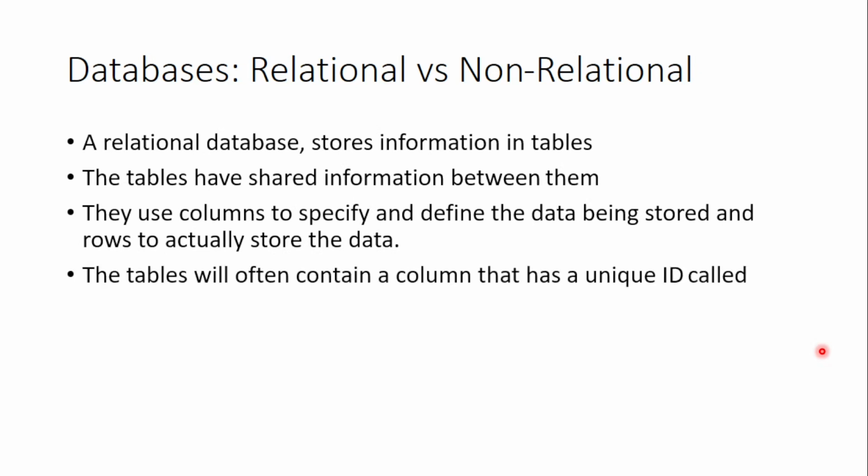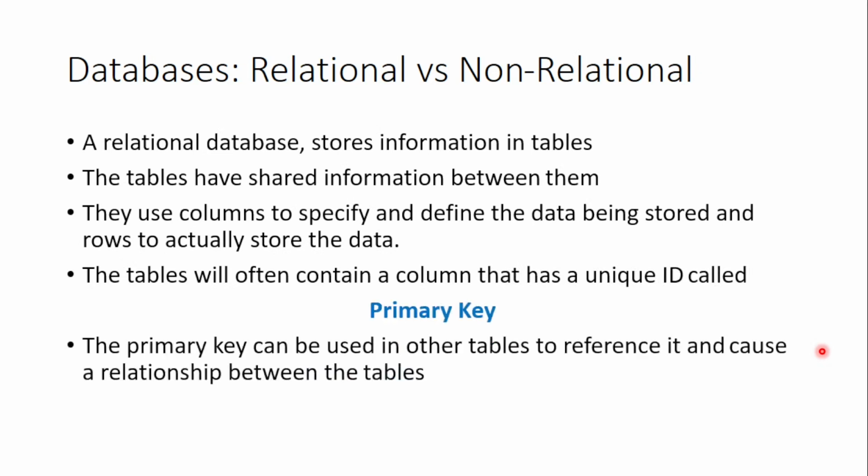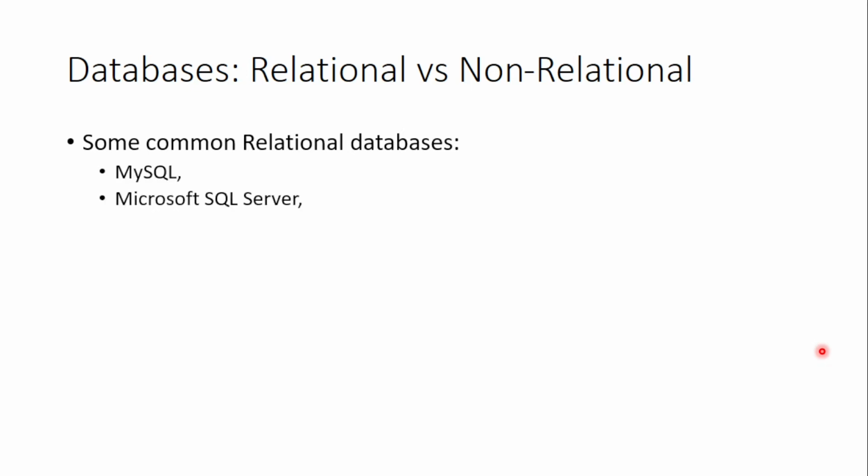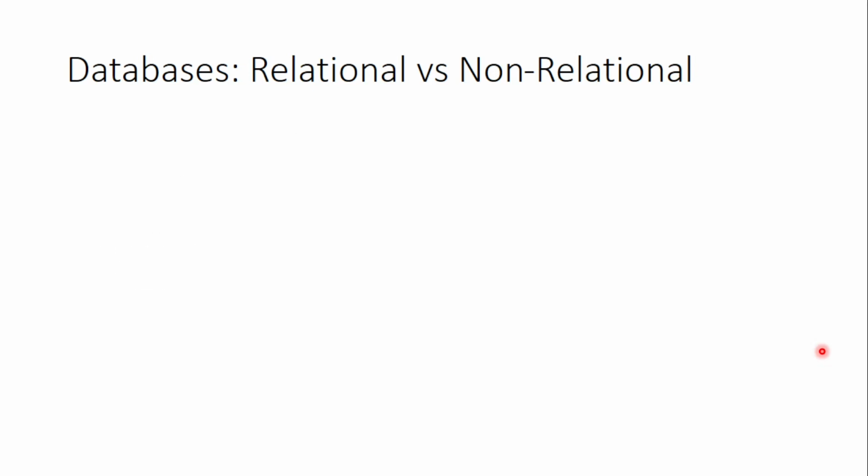The tables will often contain a column that has a unique ID called a primary key. The primary key can be used in other tables to reference it and cause a relationship between the tables. And that's why it's called a relational database. Some common relational databases are MySQL, Microsoft SQL Server, Access, PostgreSQL, SQLite, and so on and so forth.